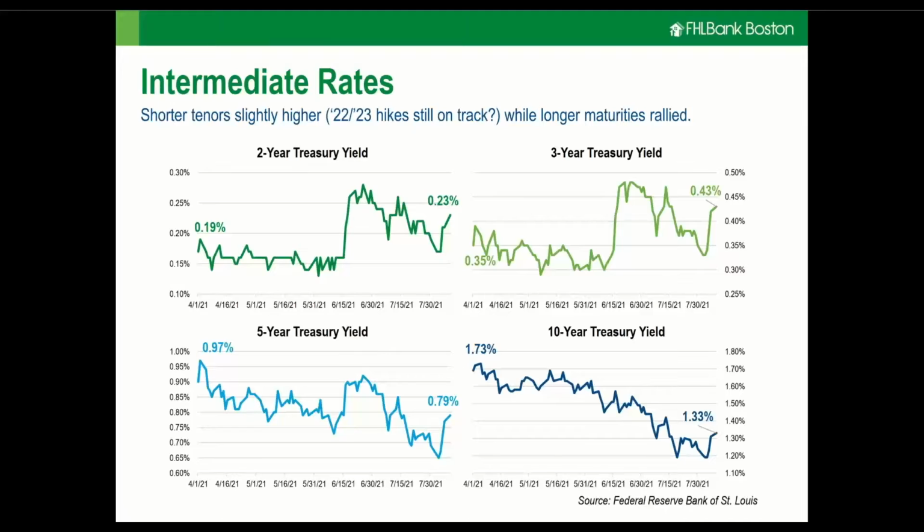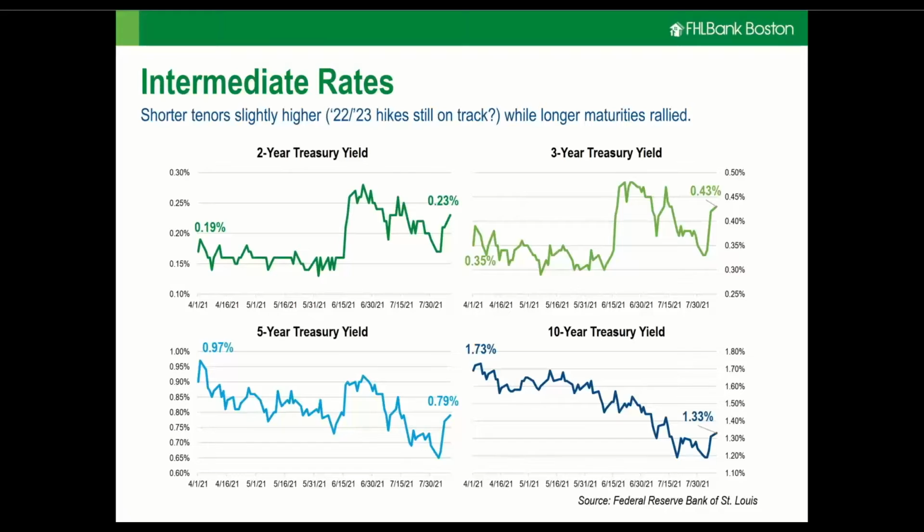Then if you look at the top two charts here, you see the 2 and 3 year treasuries, and the experience with those rates has been very different from what we've seen with the longer tenors, and that's actually been a tick up with those rates, and really shows the sensitivity to Fed policy on the shorter end of the curve versus longer rates where the Fed has less ability to impact.